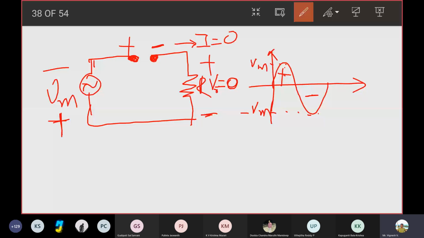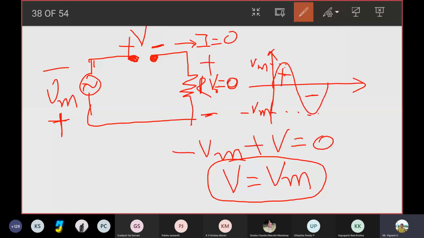What is the maximum voltage that you can apply across the diode in the reverse bias condition for a half wave rectifier? It is VM, right? Since the input maximum itself is VM, you cannot apply more than VM in the negative direction. The maximum voltage in the reverse direction is VM because the input is such.